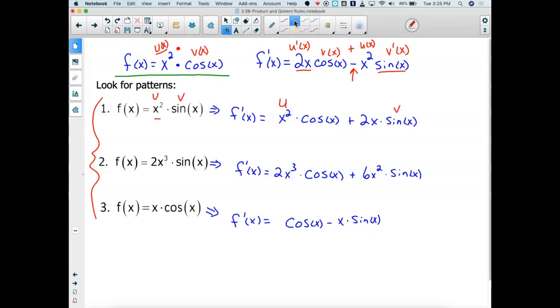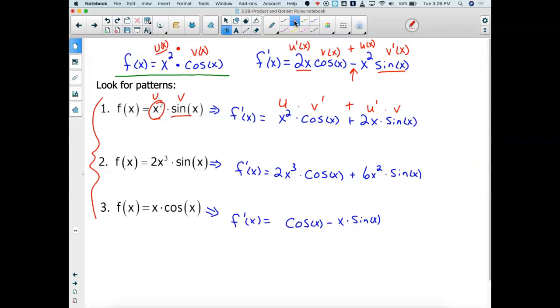Here's the derivative of my sine function, that would be cosine, my v prime. And the derivative of my x squared would be 2x, my u prime, and I'm multiplying those two and adding them. Before I took u prime times v plus u times v prime, here I took u times v prime plus u prime times v. Is that the same? Do they look like they're the same?